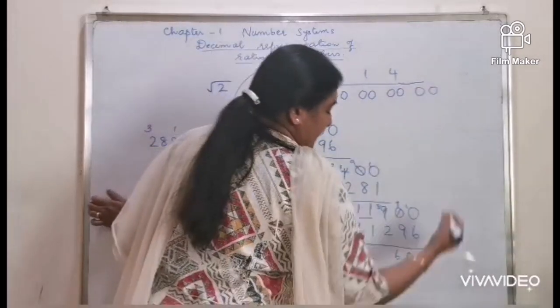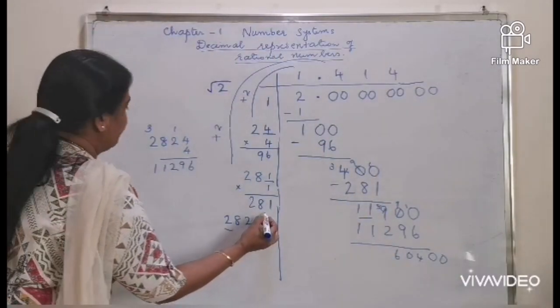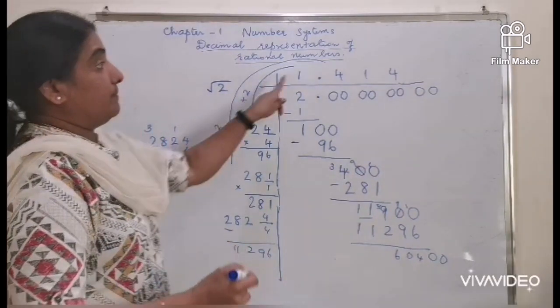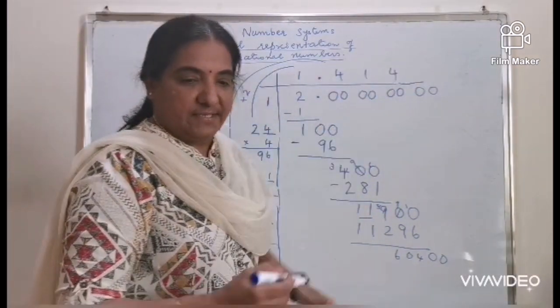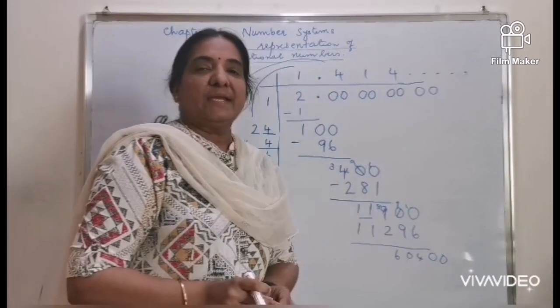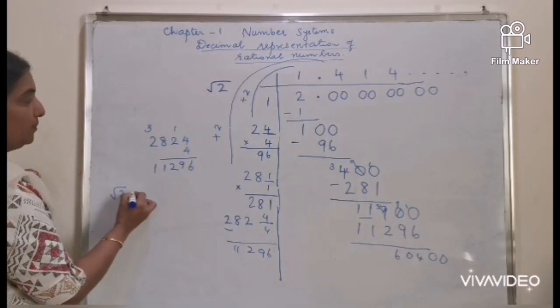You are going to proceed with 2 more zeros down and the double of 1.414, etc.